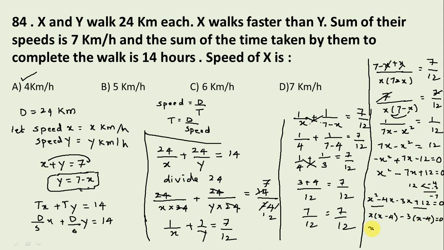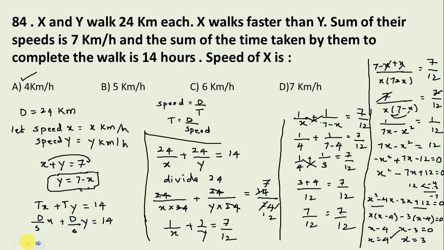That is x minus 4, x minus 3 is equal to 0. x is equal to 4, x is equal to 3. So the maximum speed of X is 4. The right answer is 4. These are the two methods to solve this expression. First method is putting the options in the equation, and second one is by solving the quadratic equation. So whichever you feel easy, you just follow that one.